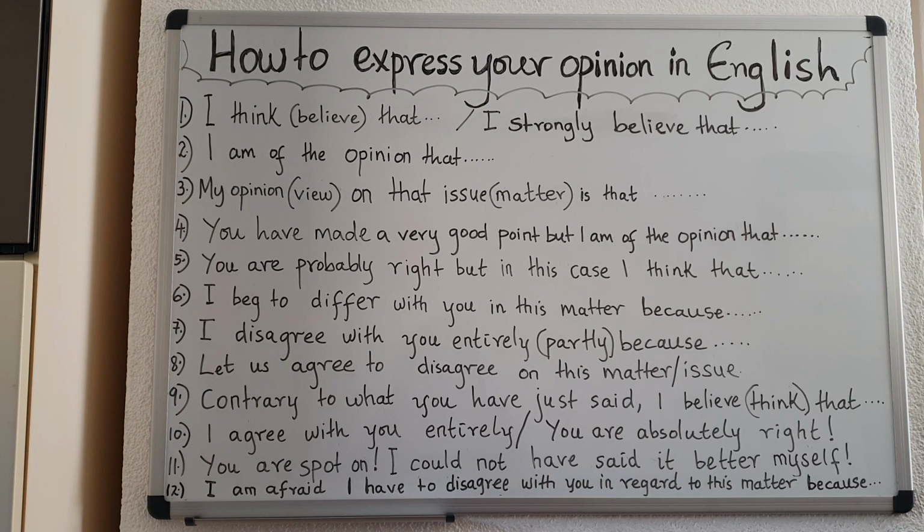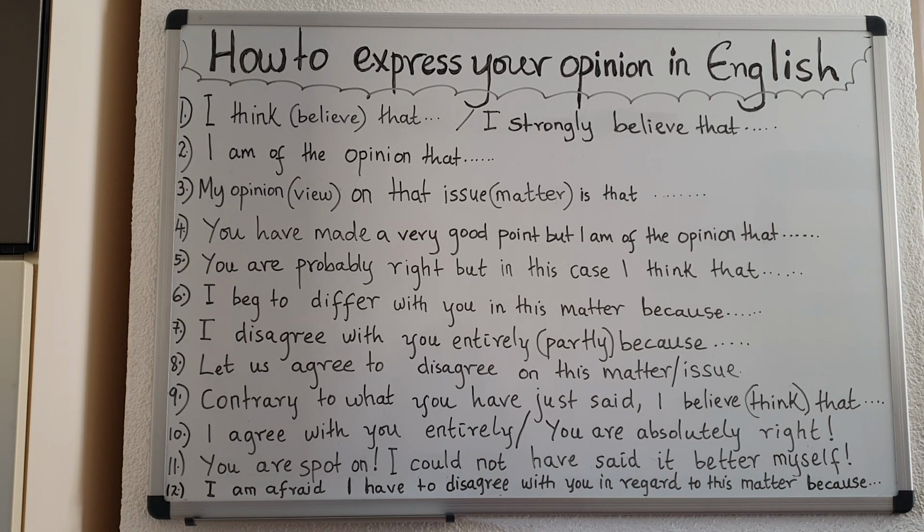Number 10. I agree with you entirely. Entirely means completely. So you could actually say, I agree with you completely, or I agree with you entirely. And you use this expression when you absolutely are in agreement with what your colleague has just said.